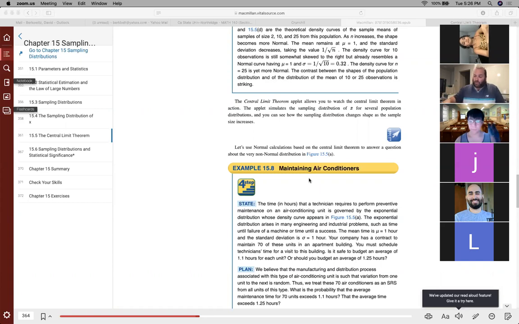Okay, so let's compute the z-score for the average. How do you compute the z-score? You subtract the mean and you divide by what? Well, what's z-scores in general? How do we get a z-score?